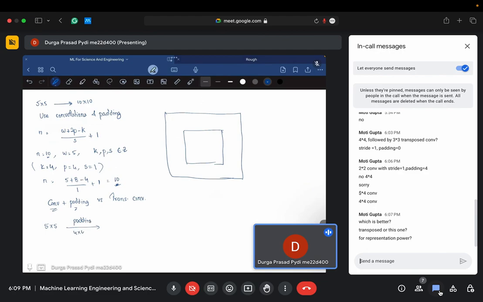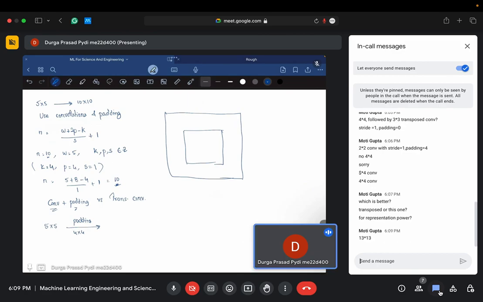The padding is only done at the boundaries. So 13 by 13. Basically 5 plus 2 times 4 is 13, so 13 by 13. And then on this 13 by 13 you apply a 4 by 4 convolution. That is how you got finally this one.